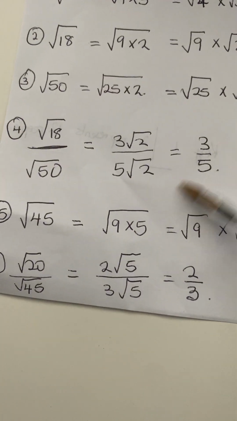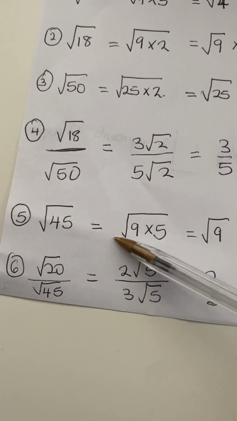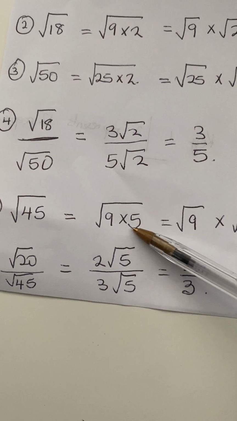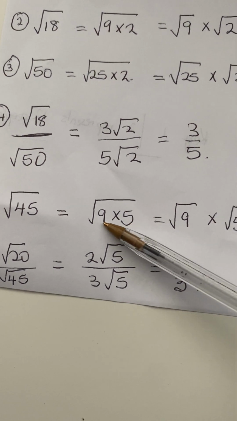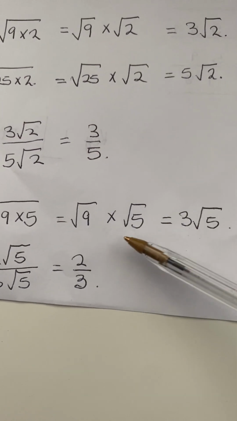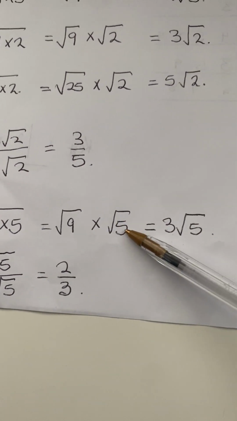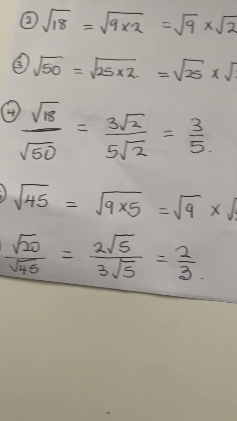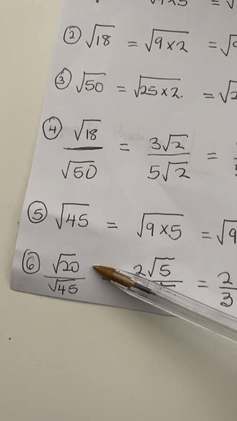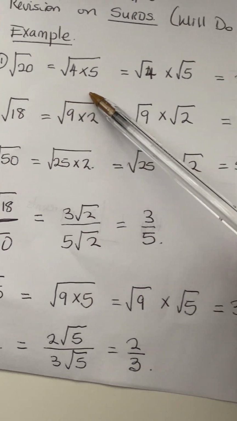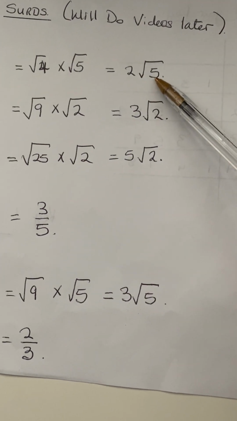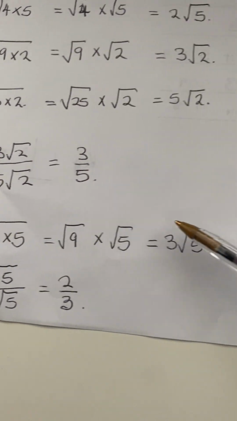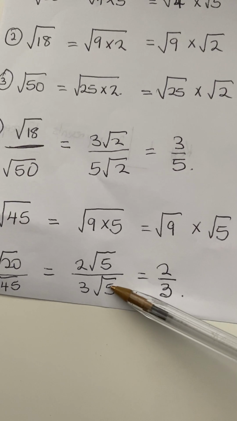Now the root of 45 is the root of 9 times 5. The root of 9 is 3, and then you have root 5, so you have 3 root 5. So now we've seen root of 20 is 2 root 5, and the root of 45 is 3 root 5.